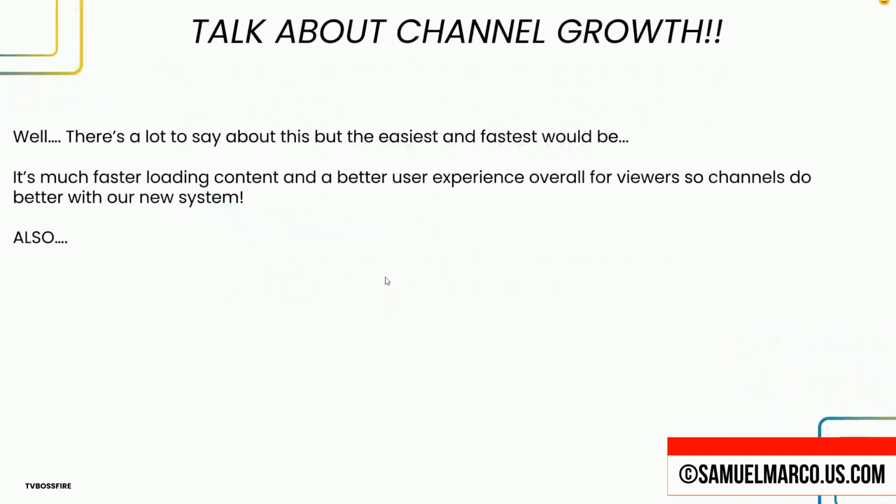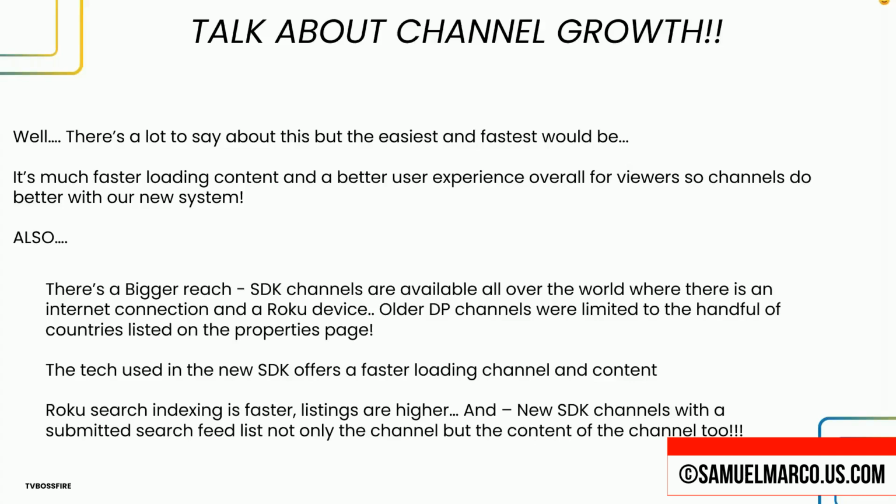Well, there's a lot to say about this, but the easiest and fastest way to explain it is it's much faster loading content and a better user experience overall for viewers, so channels do better with our new system, the SDK channels that can be created. Also, there's a bigger reach, so the new channels are available all over the world where there's an internet connection and a Roku device. Older direct publisher channels were limited to basically the handful of countries listed on the properties page.